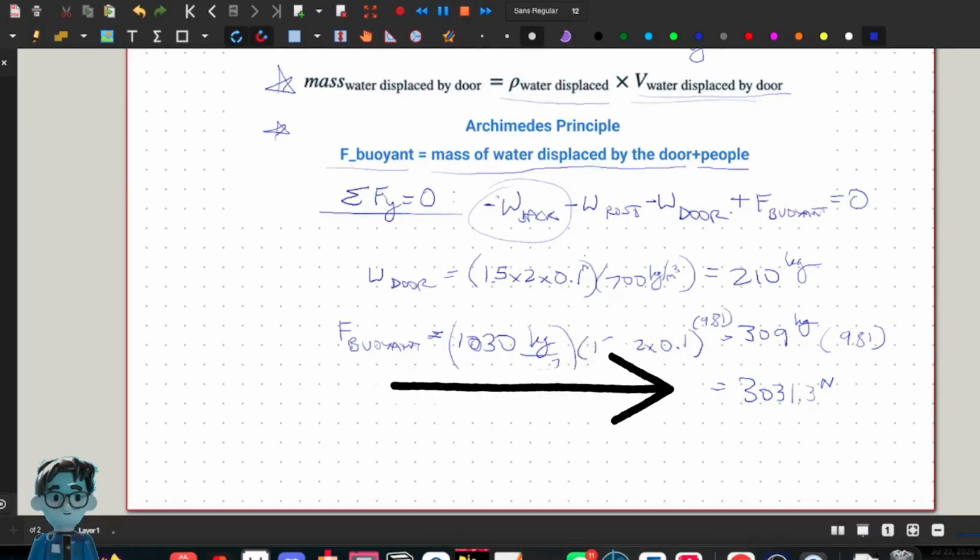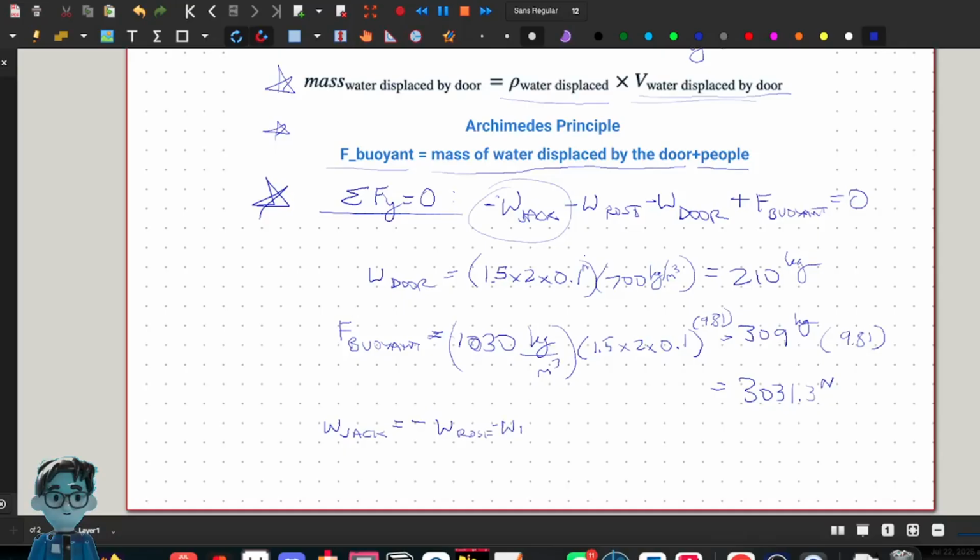So now we will solve for weight of Jack. So using this original equation over here, weight of Jack equals negative weight of Rose minus weight of door plus buoyant force. For the weight of the door, I forgot to multiply by 9.81.